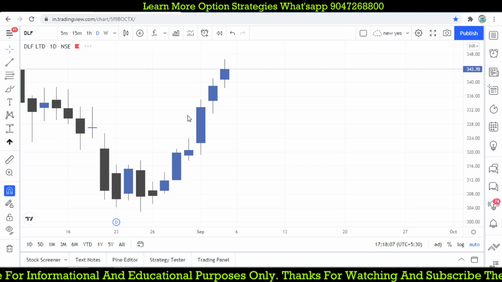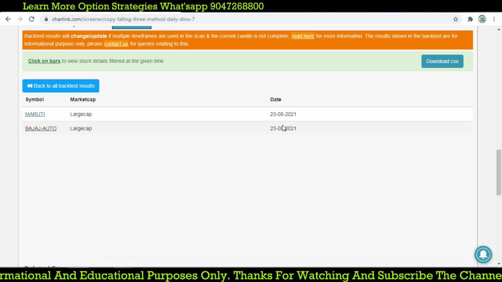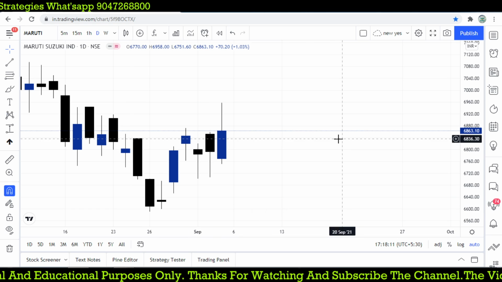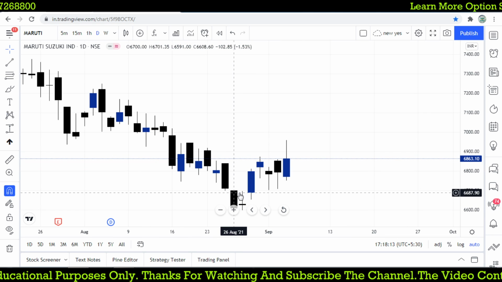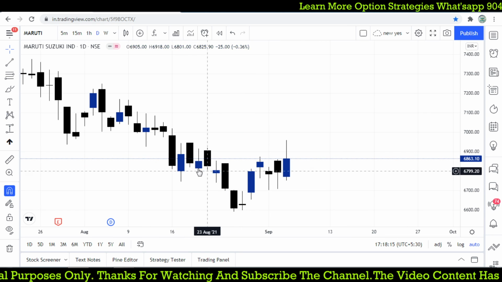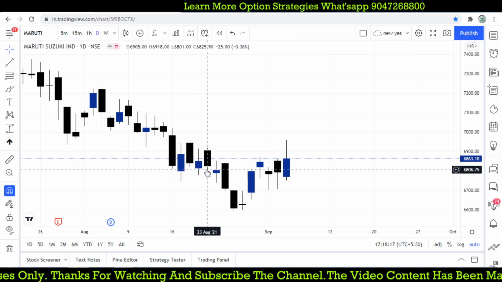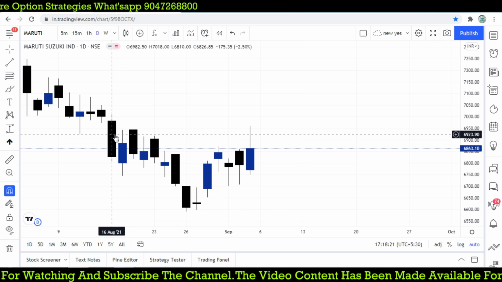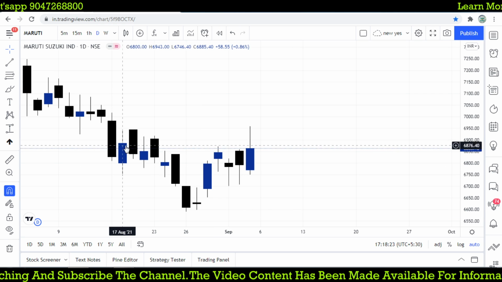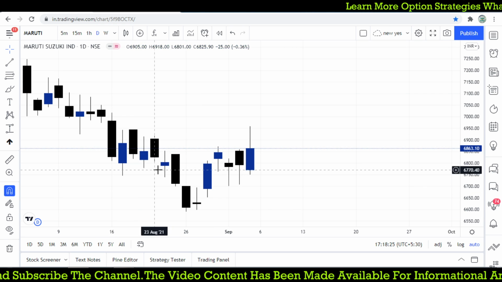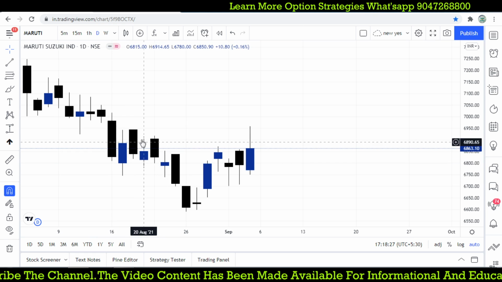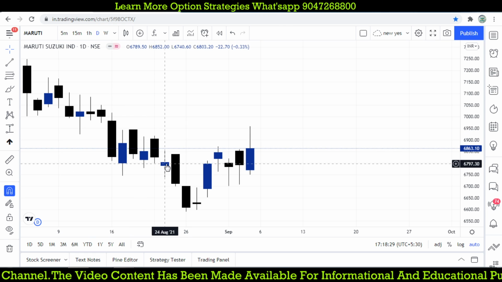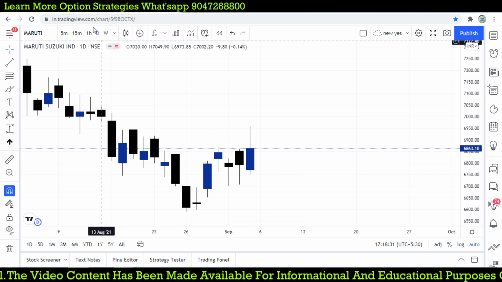Maruti, let's see the date around 23rd August, where that kind of candlestick pattern forms. Compared to this 1, 2, 3, 4 and 23rd, it does not look like a good pattern. But even so the market broke the low and is moving down, so that is a good one.